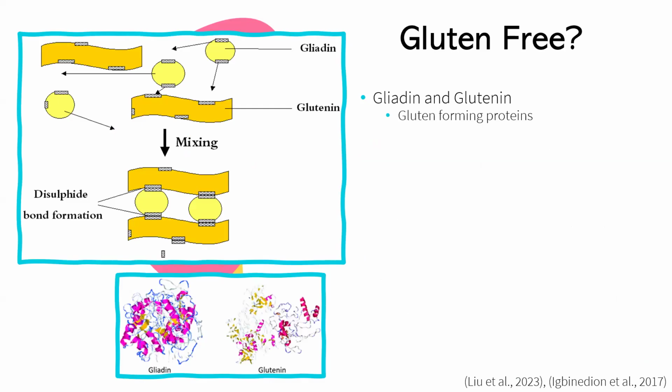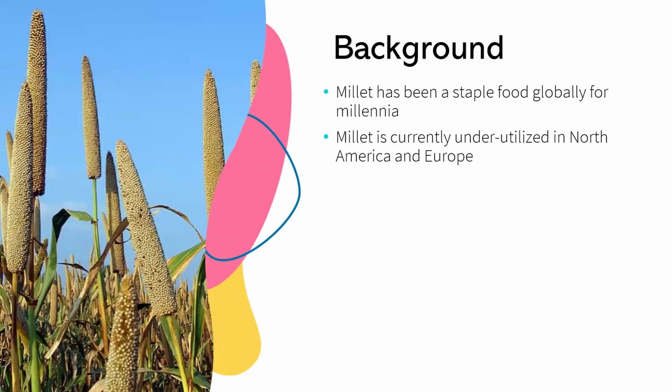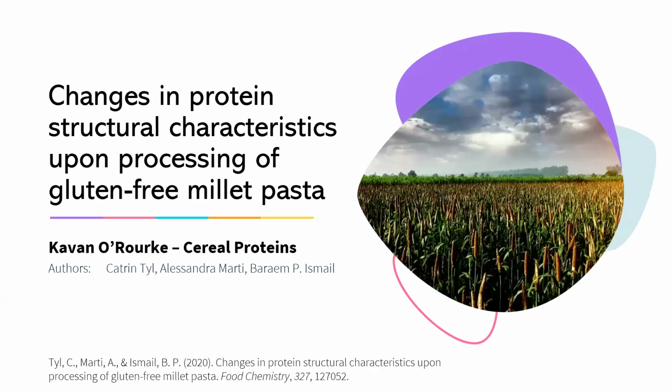So, I guess the conclusion was, if you're comparing the millet pasta to regular grain pasta, I'm kind of confused with the main takeaway. Was it that the structure is similar? The structure was different is the main takeaway. Okay. Then is it a good thing or bad?